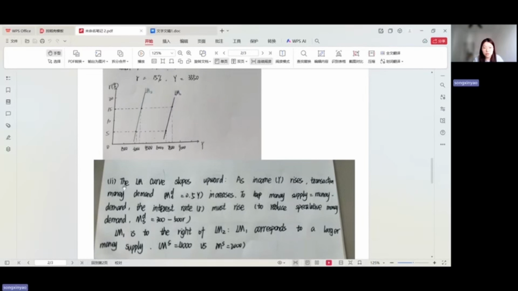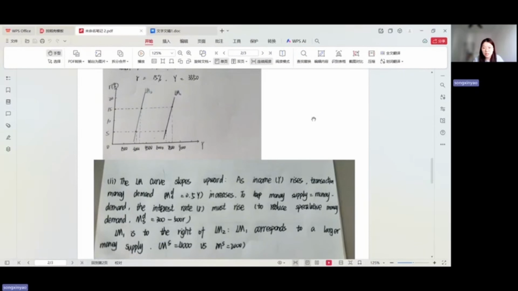Okay, let's see the second part. The LM curve slopes upward as the income Y raises transaction money demand MDT equal to 0.5Y.